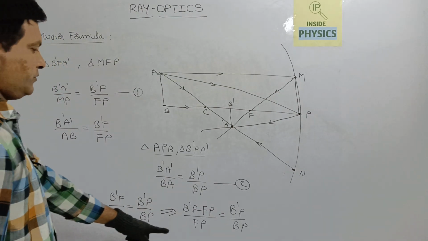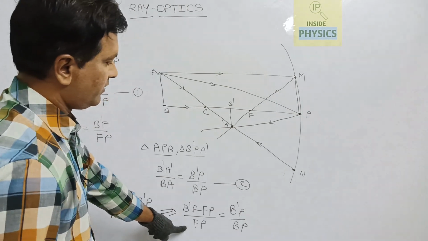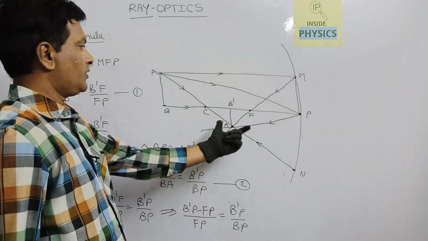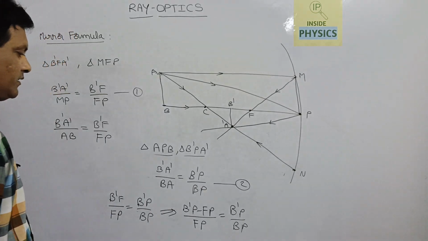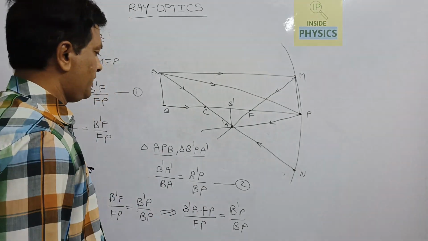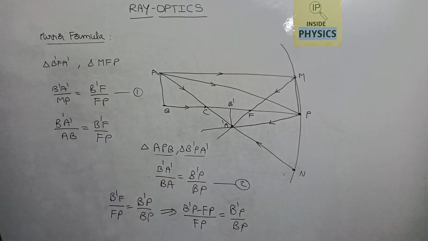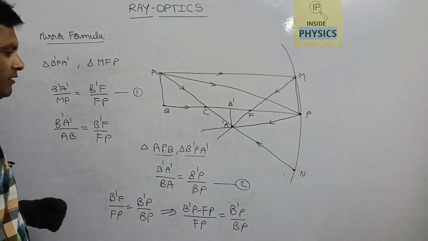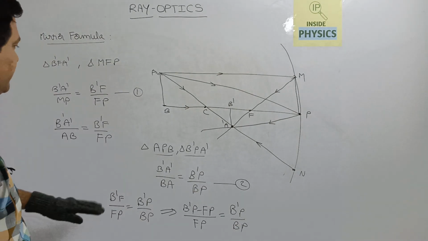So here if you observe this equation, these are actually lengths, such as the focal length, FP, B dash P, BP. What are those lengths in this diagram?